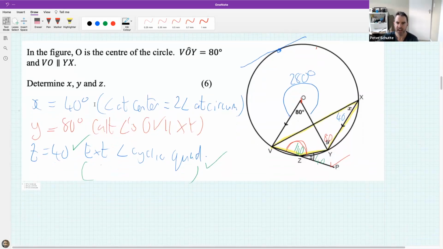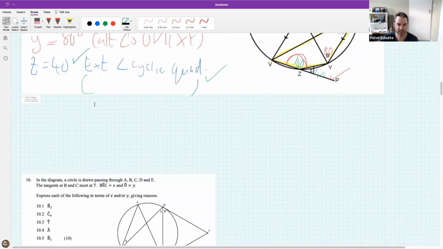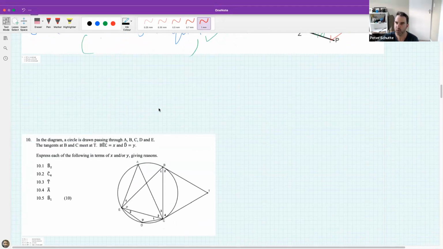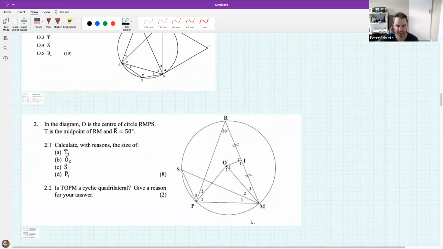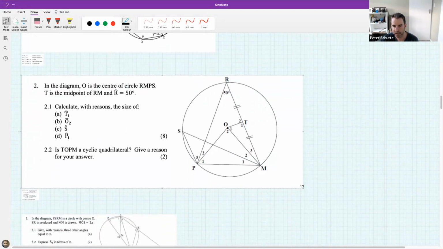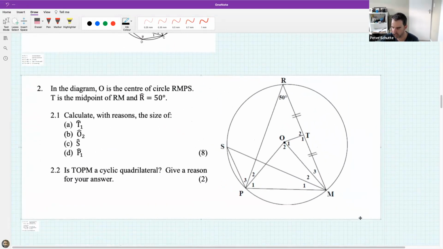Good question. All right. Let's go to a question that shows you where the cyclic quad thing is coming from. What you'll notice in this question is you have part one, which says find me angles equal to whatever, and you have to interpret the drawing.